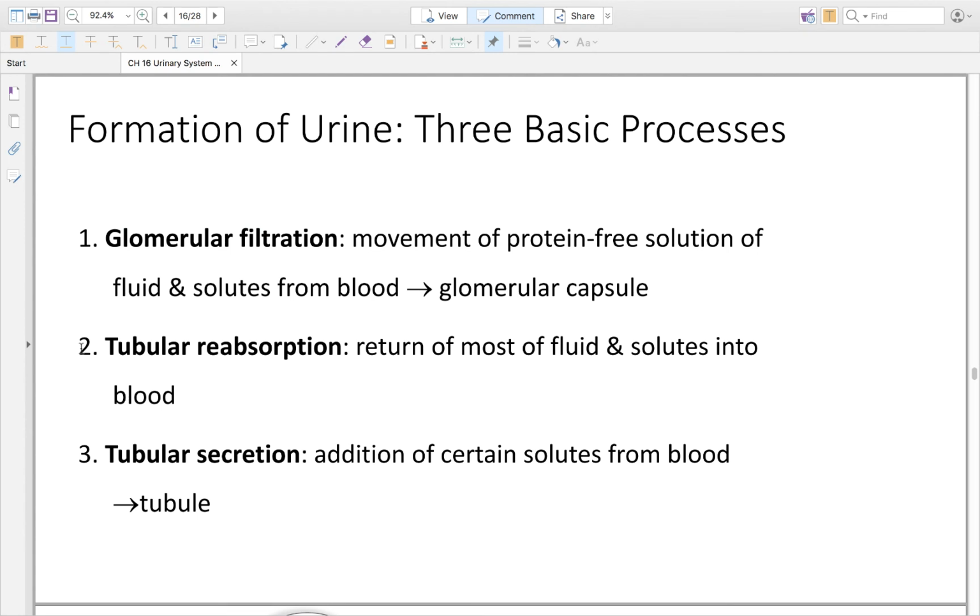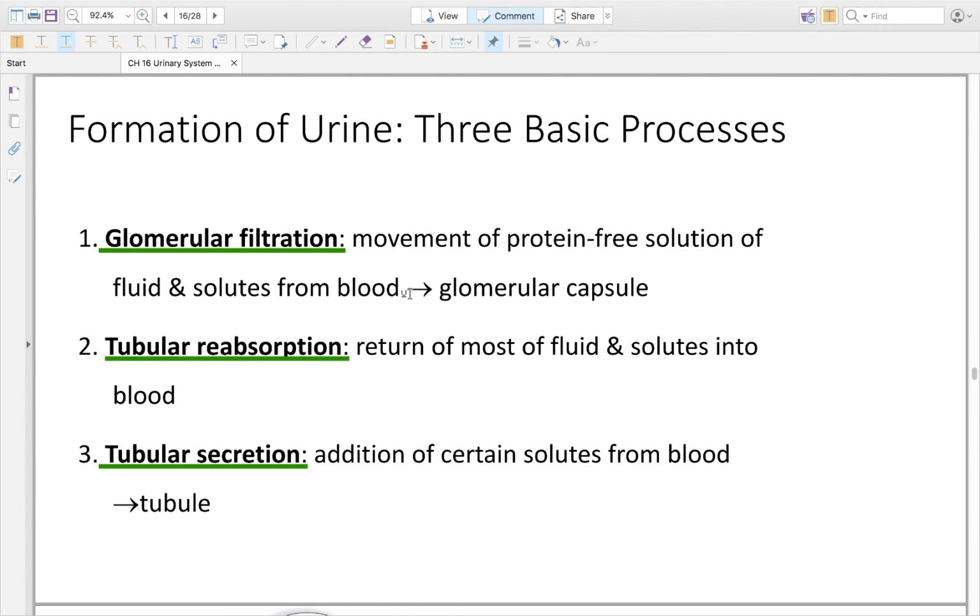All right, so urine formation occurs in 3 basic steps: glomerular filtration, tubular reabsorption, and secretion. Glomerular filtration is when these particular solutes and ions and water leave the blood, and I will teach you exactly what moves into the capsule.